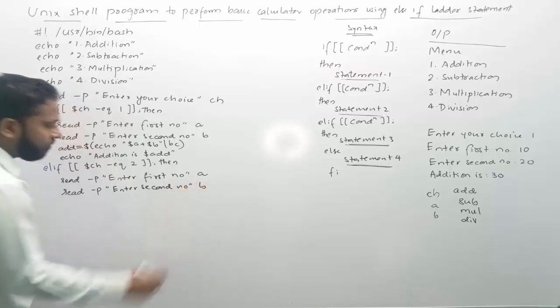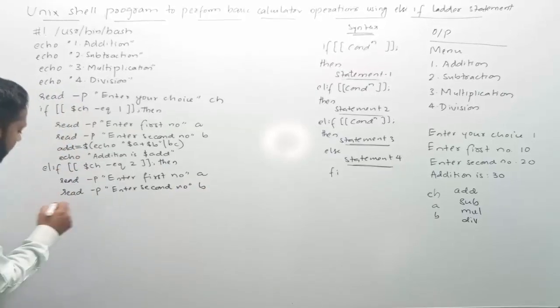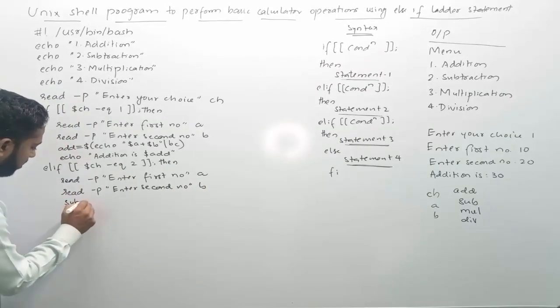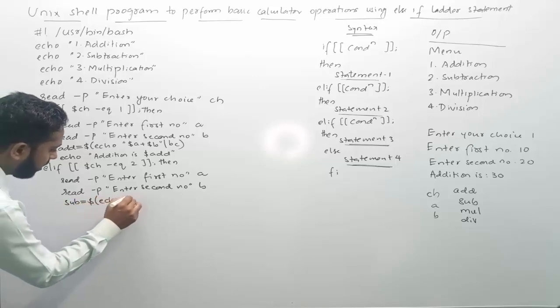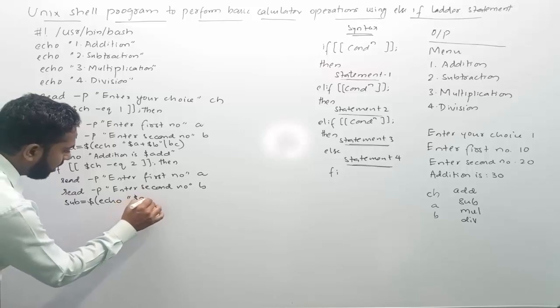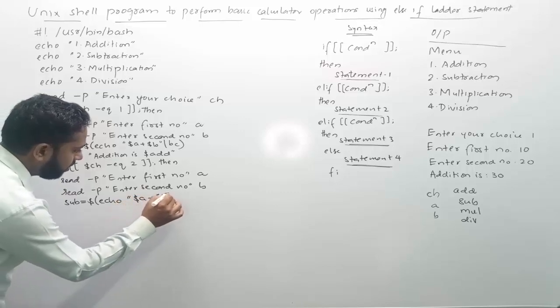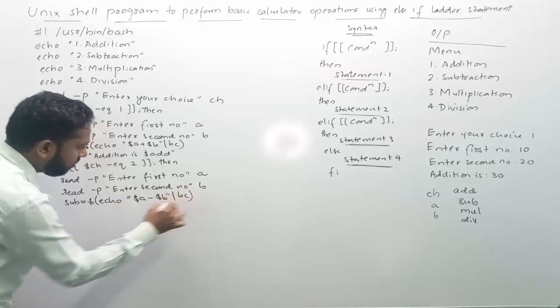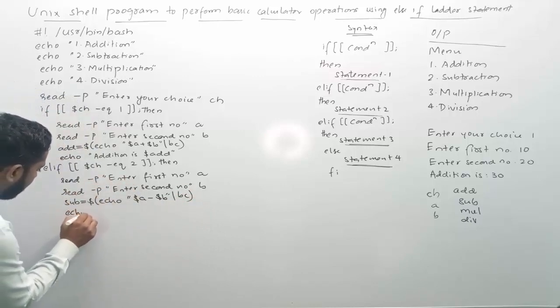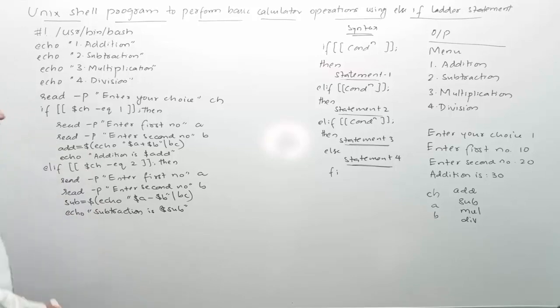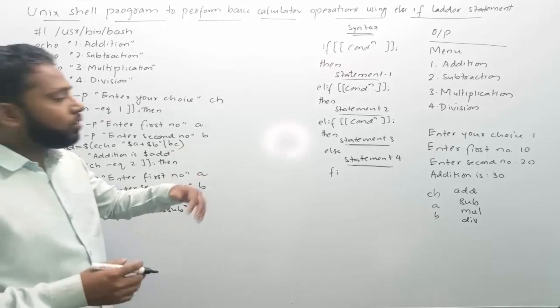Second number b. Now I need to perform the subtraction. sub=$(echo "$a - $b" | bc). Now I need to print the sub, echo.